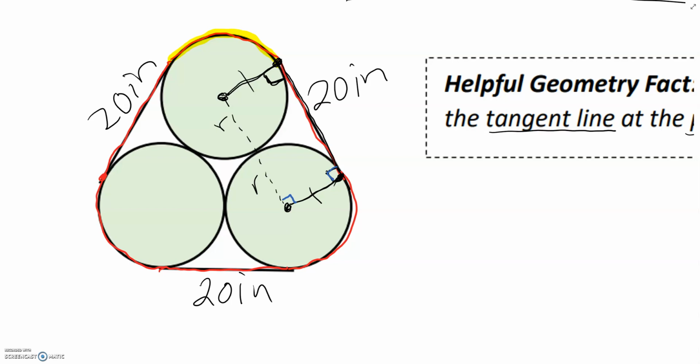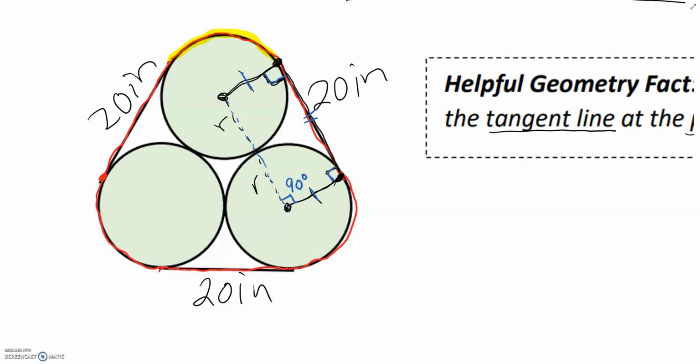Since this angle is a right angle, this length is equal to this length, because they're both the radius of the circle, and this is a right angle. Therefore this part right here is going to have to be the same as this part right here, which would give us 20 inches. But the most important part is that it has to be a rectangle. So this angle right here is going to be 90 degrees as well.